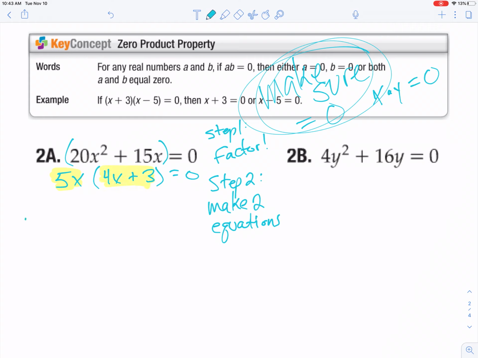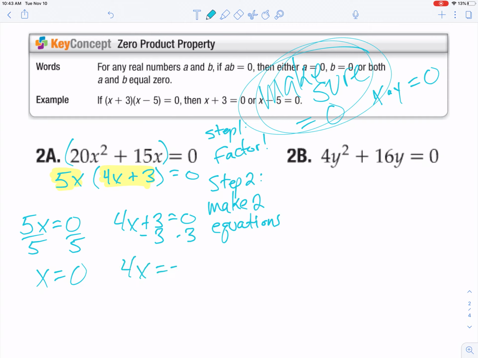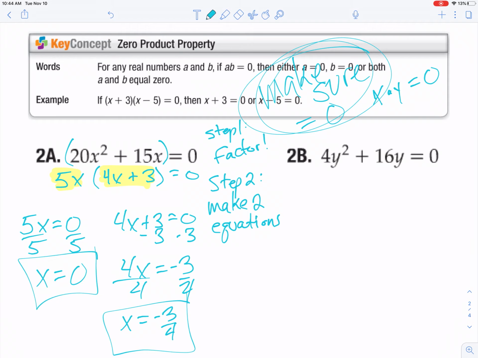So take both of those, make separate equations, and you're going to set both of them equal to 0 and solve. Those are your two answers. That's it. The end.